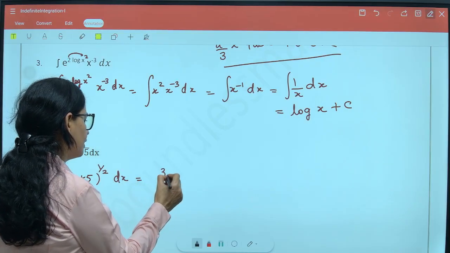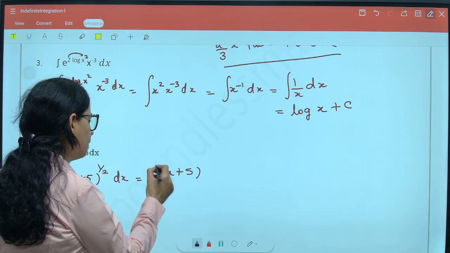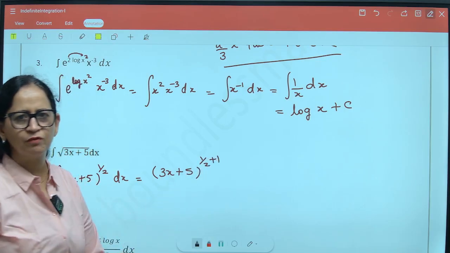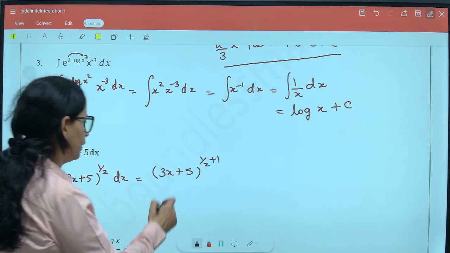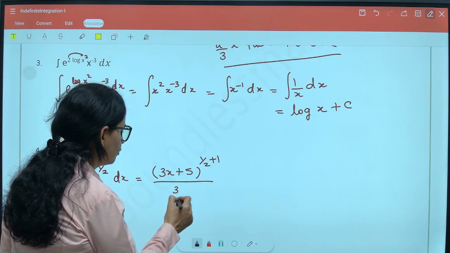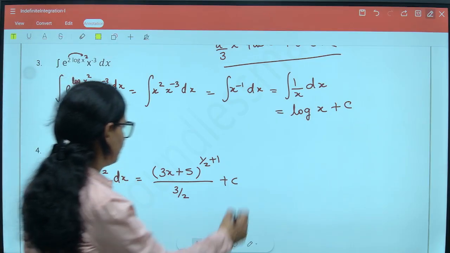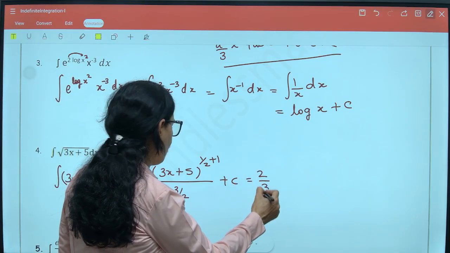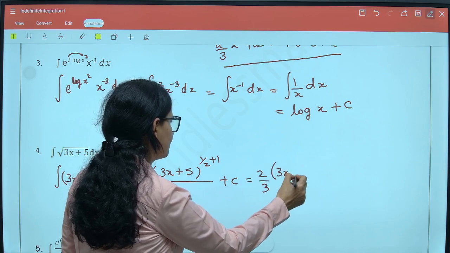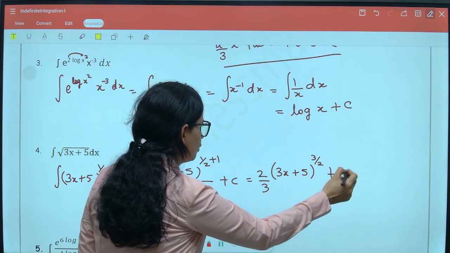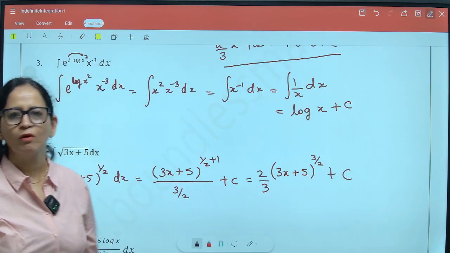What is half plus 1? Half plus 1 is 3 by 2. So it is (3x plus 5) to the power 3 by 2 divided by 3 by 2, plus c. When you invert this, it becomes 2 by 3 of (3x plus 5) to the power of 3 by 2 plus the constant of integration. So this is your integral. Easy.